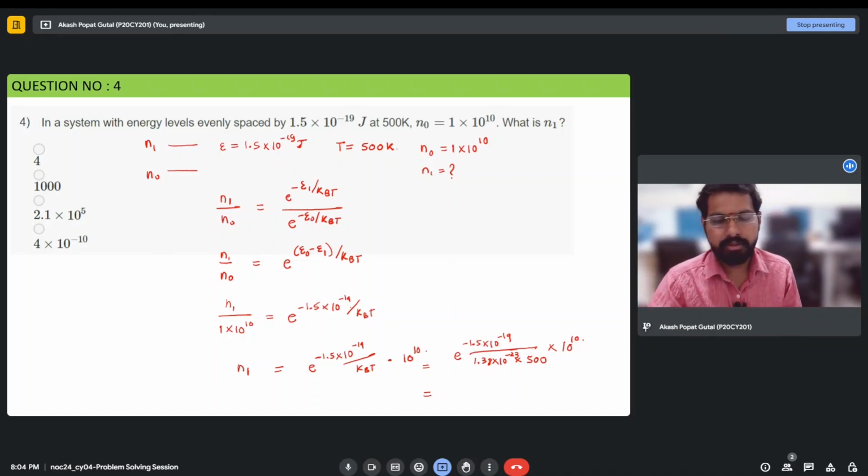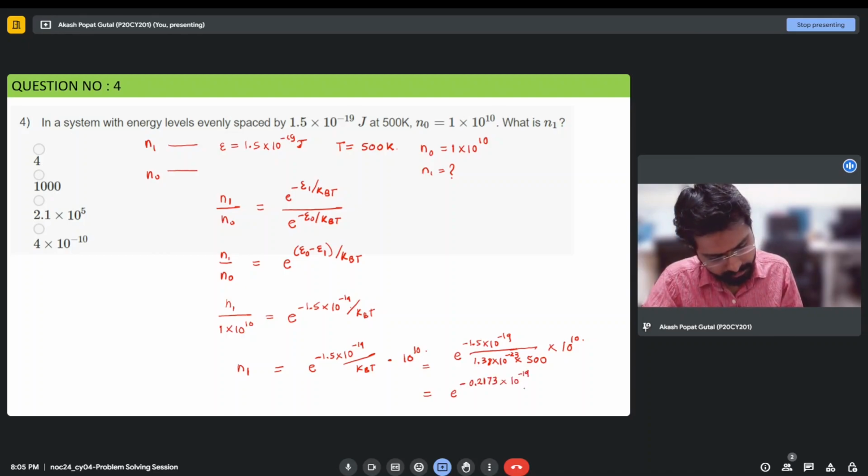If we solve this, 1.5 divided by 1.38 divided by 5, if you do, it is minus 0.2173 into 10 raised to minus 19 divided by 10 raised to minus 23 into 10 raised to 2.